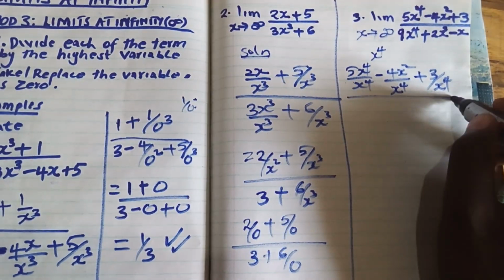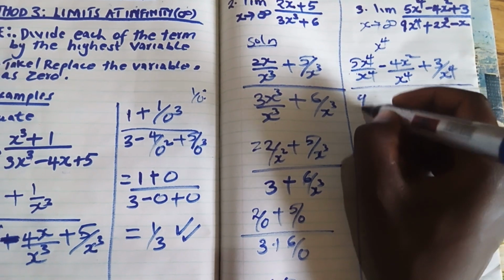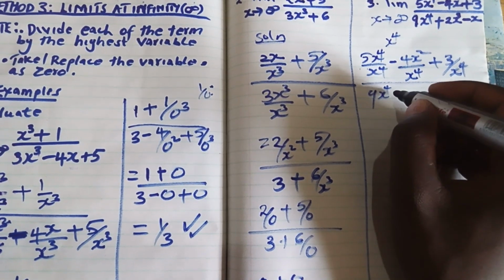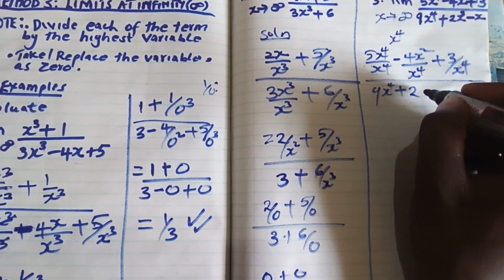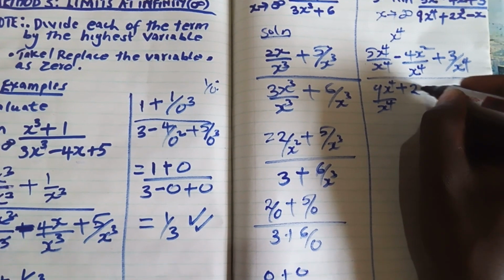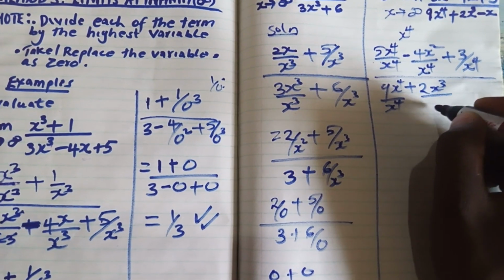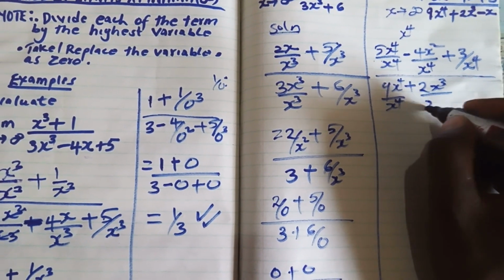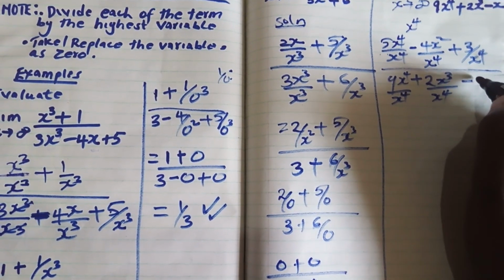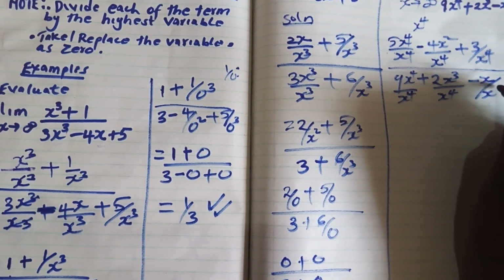Then all over 9x raised to power 4 out of x power 4, plus 2x cubed out of x raised to power 4, minus x out of x raised to power 4.